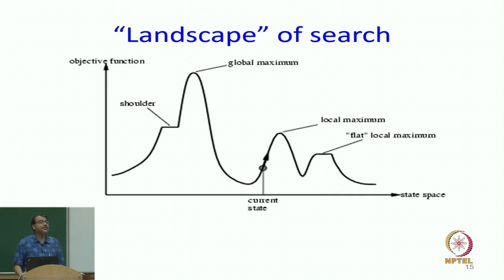Do you think that if you were doing hill climbing, even in this simple 1D, 2D diagram, you would get to the global optimum, the global maximum? Can you get to the global maximum? The question is, depends on where you start.